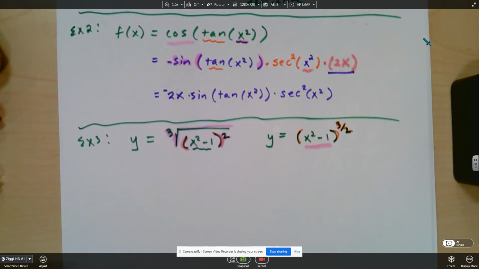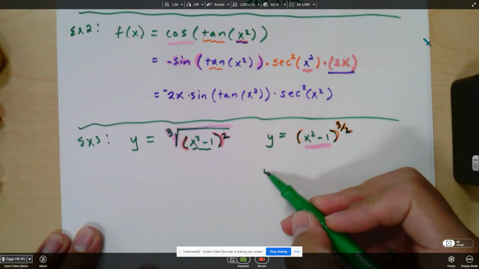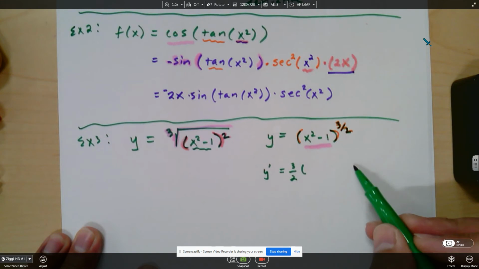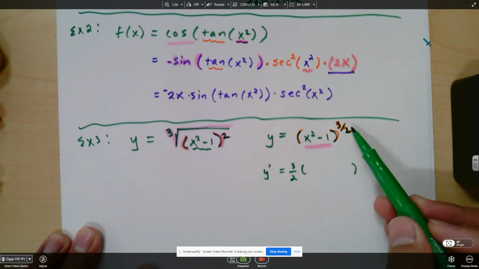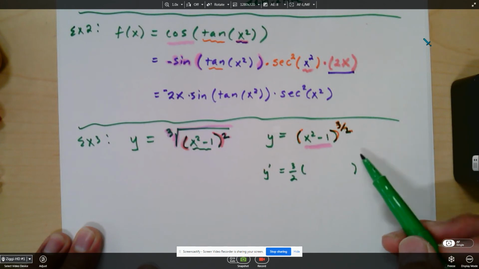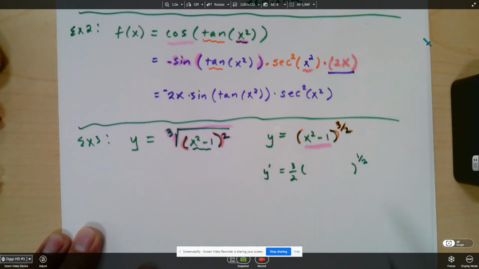So when you go to take its derivative, you're going to take the derivative of the outer layer. You're going to bring down the 3/2. You're going to do 3/2 minus 1, which is 1/2. Okay, that's the outer layer, its derivative done.